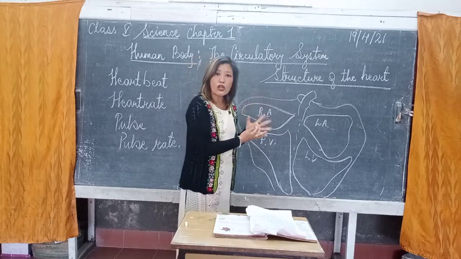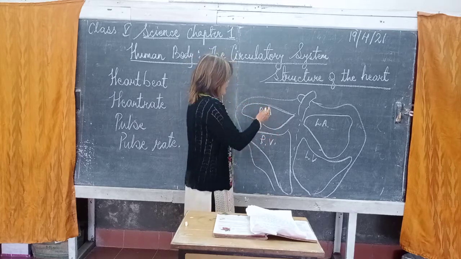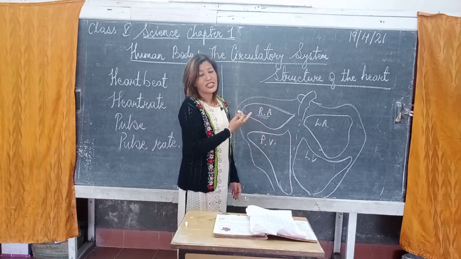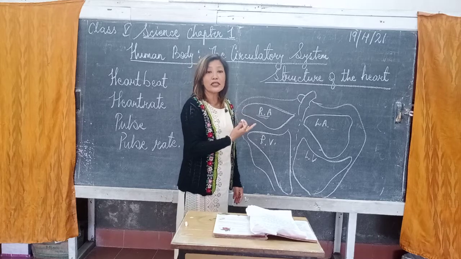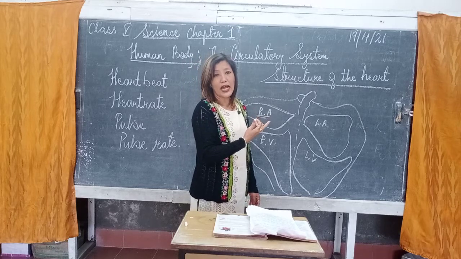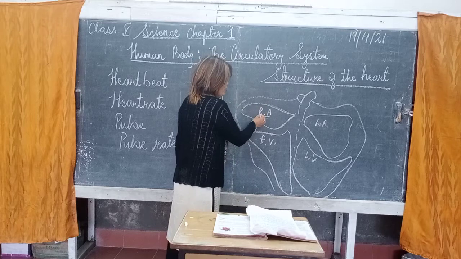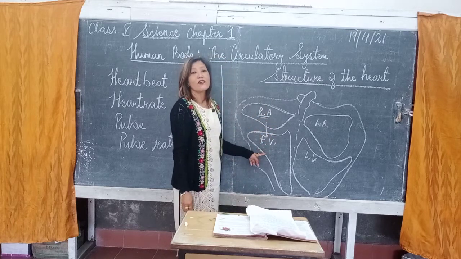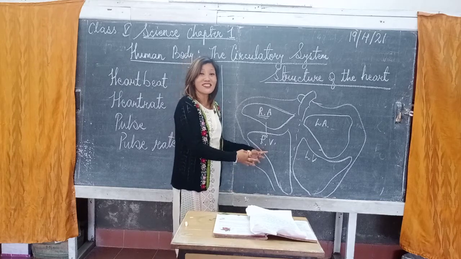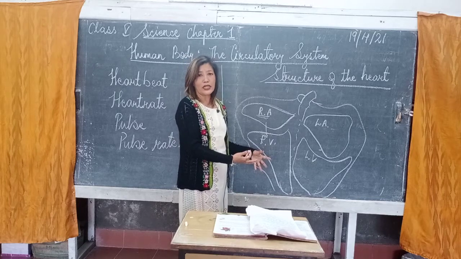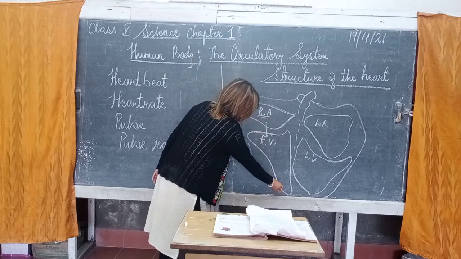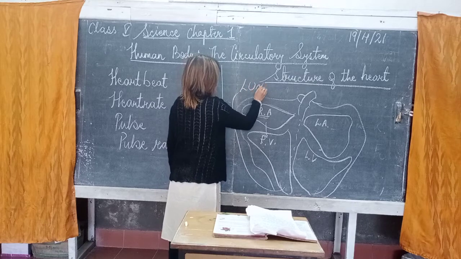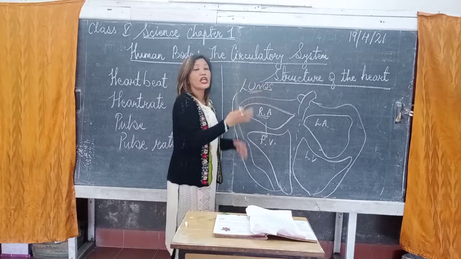The right auricle will receive the impure blood, the deoxygenated blood rich in carbon dioxide. From the right auricle, the impure blood passes to the right ventricle. The blood is still deoxygenated. From the right ventricle, the blood passes to the lungs for purification.